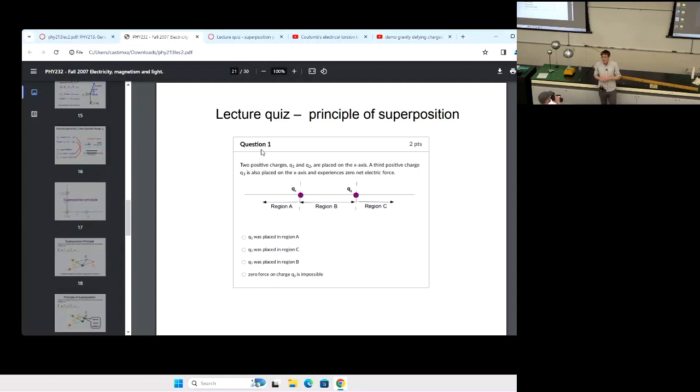Okay, let me give you the answer. For the two forces due to Q1 and Q2 to cancel out, how can those forces cancel out? Again, this is an example of addition of vectors, because we're going to add two force vectors together and the result has got to be no force.